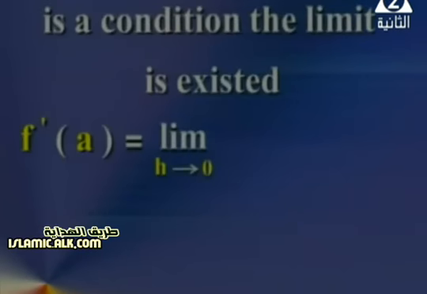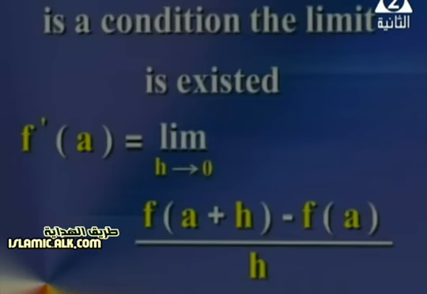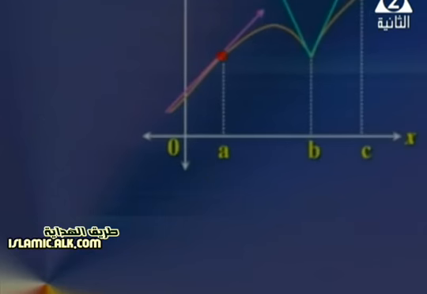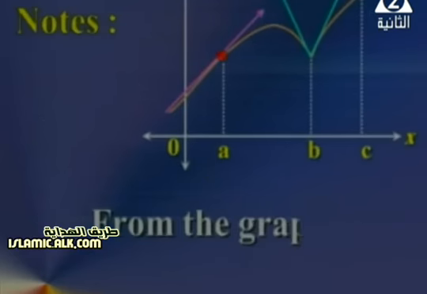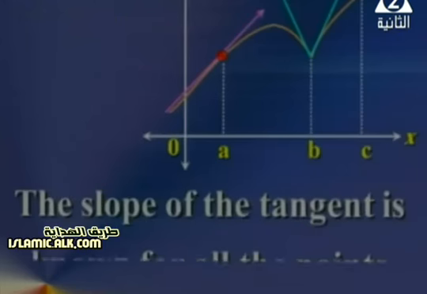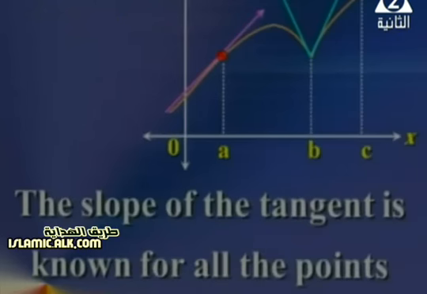This limit condition exists when f dash A equals limit when h tends to 0 of f of A plus h minus f of A over h. Dear student, look at the opposite figure, we have two coordinates ox, oy. The slope of the tangent is known for all the points.